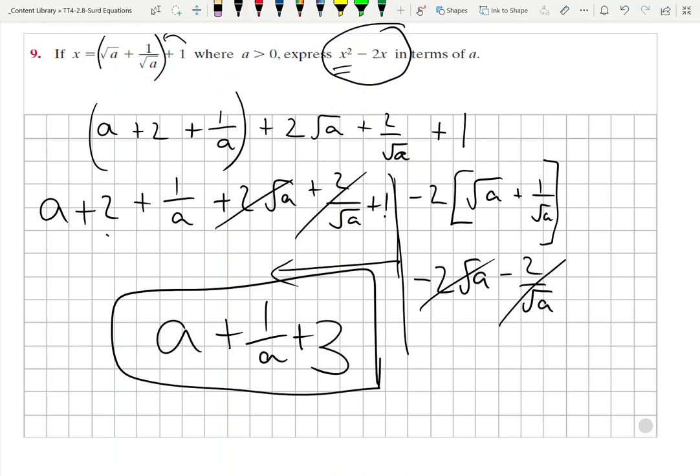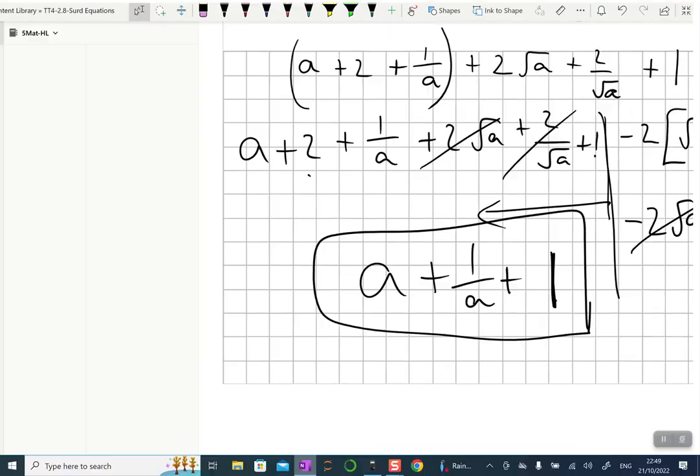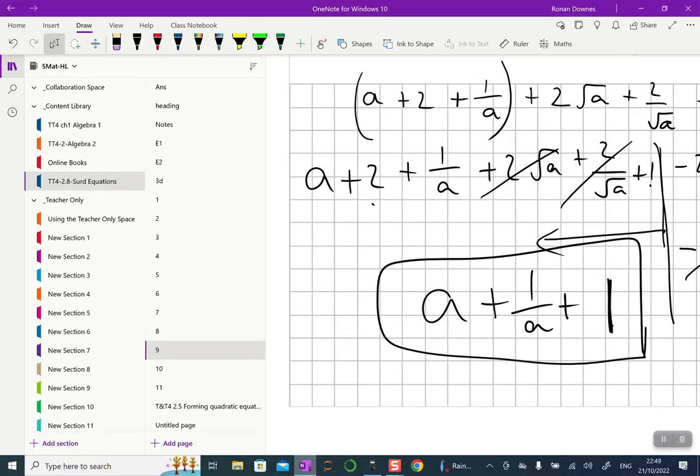Yeah, I left out minus 2 of them. That should have had a plus 1 there, which would have put a minus 2 here. Should have turned that into 1. Sorry about that. Slips will happen.